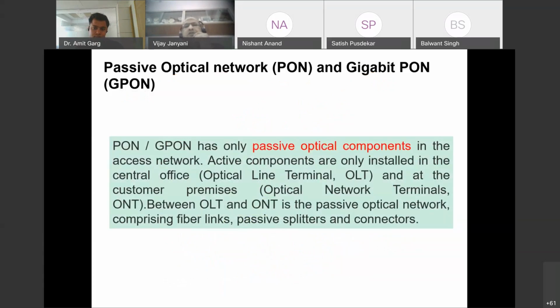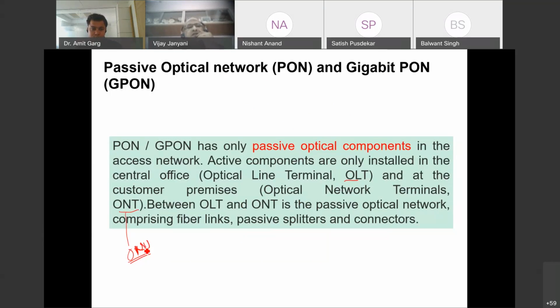So only passive optical components are in the access network. Active components are only installed in the central office, that is the OLT on the transmitter side, and on the customer premises, because you need power to power on your ONU. Sometimes I call it ONT, sometimes I call it ONU. Don't be confused, they are almost the same.